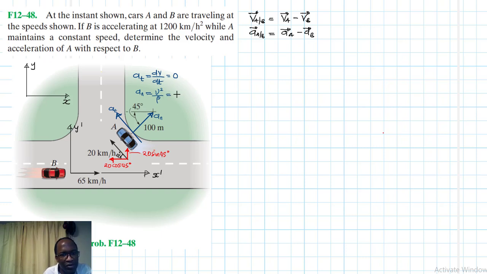The speed given is 20 kilometers per hour, so 20 squared divided by 100.